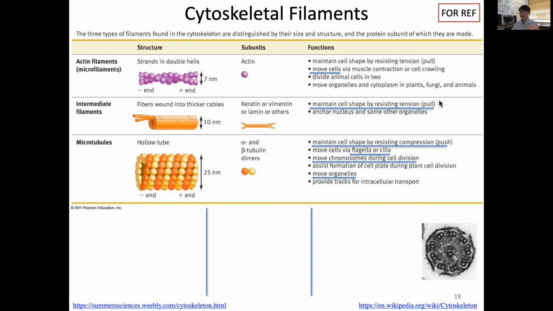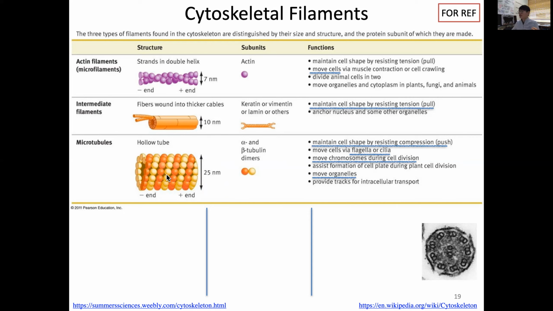This is pull. On the other hand, microtubule is a hollow tube, about 25 nanometers, with alpha and beta tubulin dimers. This maintains the cell shape by resisting compression because this structure is mechanically very stable.